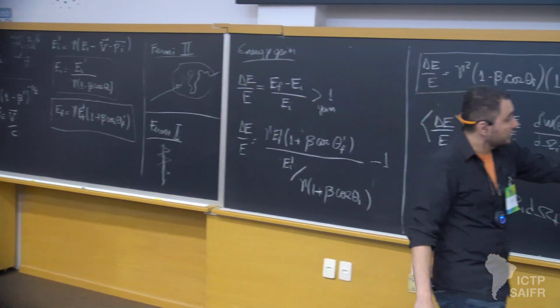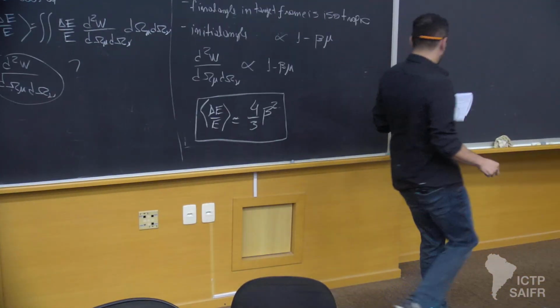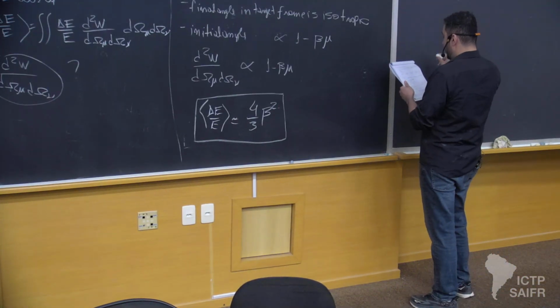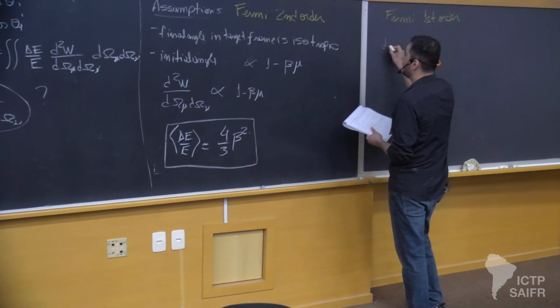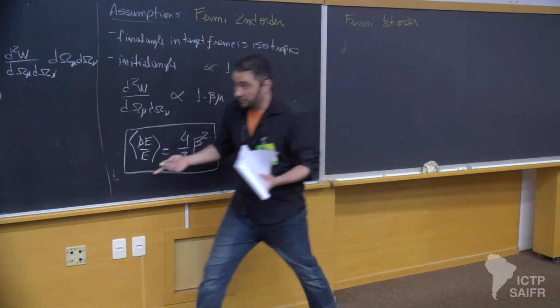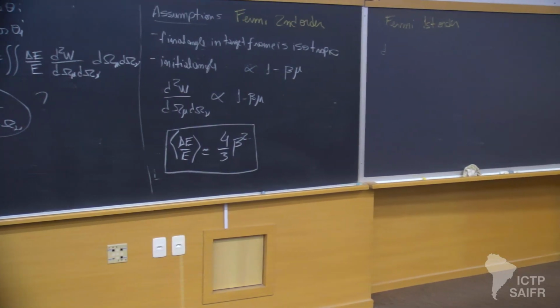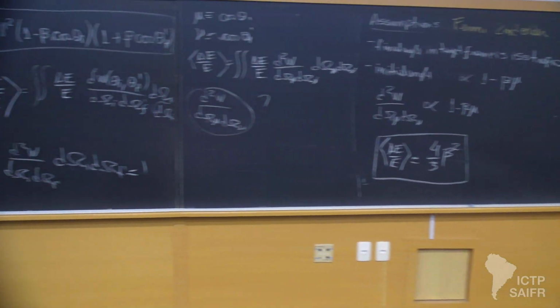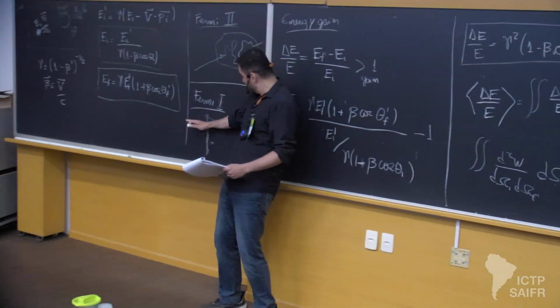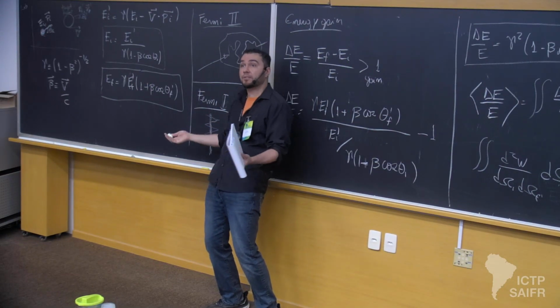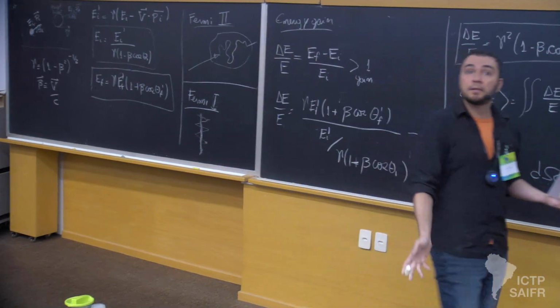And this function, w, it will change. In the case of the shock, of course, the more inclined, the less efficient. The more perpendicular, the more efficient. So there is a cosine dependence.